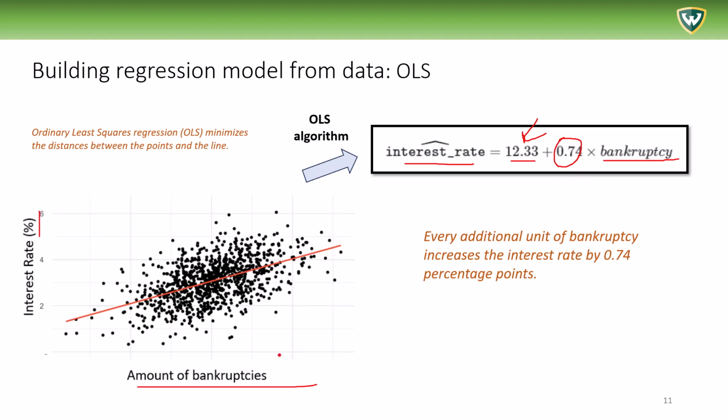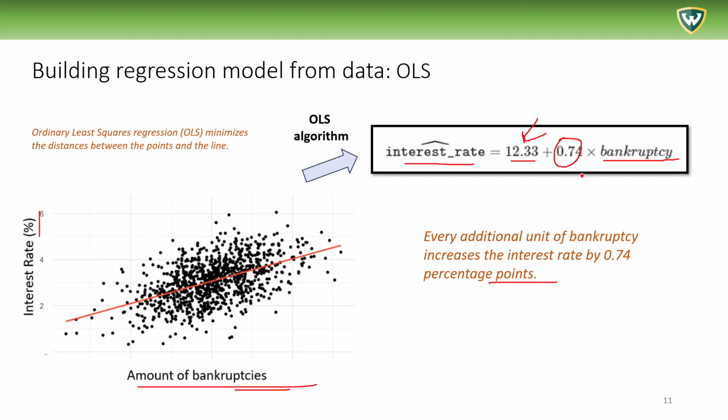Now, the interest rate is in percent, and the amount of bankruptcy is just a count: 1, 2, 3, or 4. Note that I wrote 0.74 percentage points. This is important because when you're dealing with percent, you have to differentiate percentage points versus percent. If you say something increases by 0.74%, it's a little bit ambiguous, because 0.74% might be 0.74% of the existing interest rate.